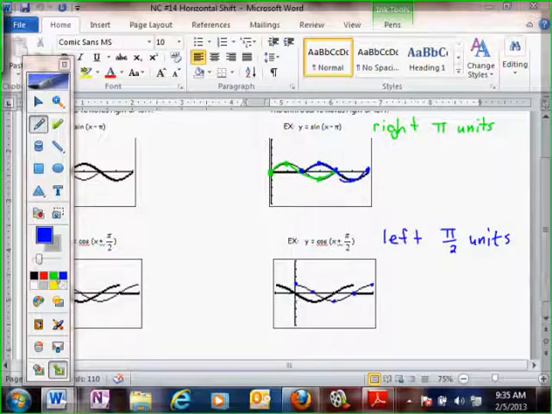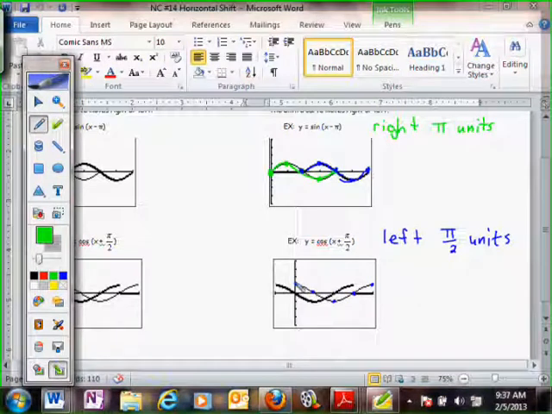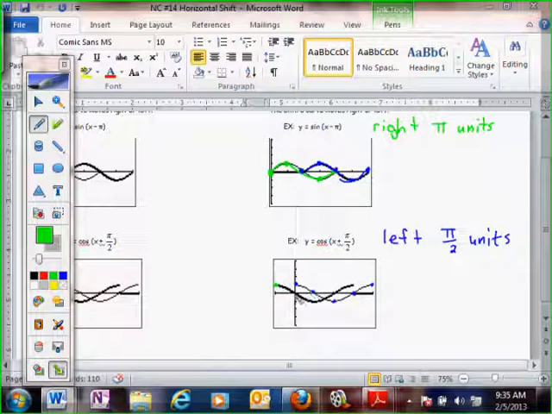And so what I'm doing here is I'm going left pi over 2 units. So this point goes to here, this point goes to here, this point goes to here, and again from here to here is half pi. This point goes to here, and this point goes to here, giving me my boldened curve.